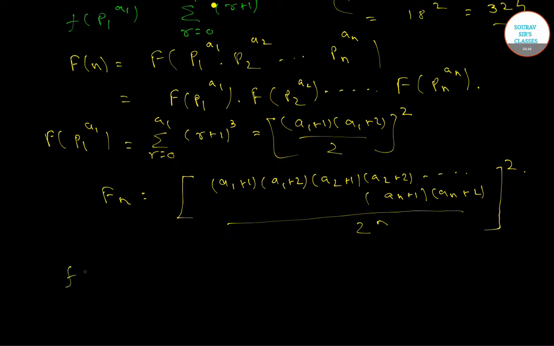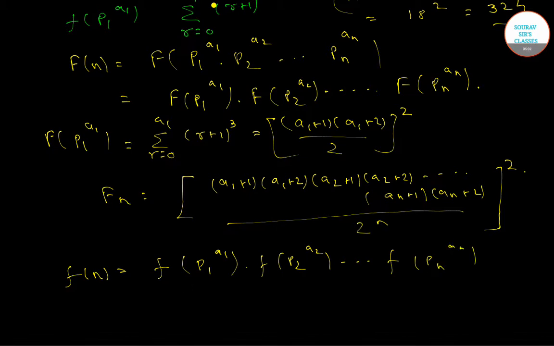Now our g of n is equal to, similarly, g of p1 raised to the power a1 into g of p2 raised to the power a2, so on till g of pn raised to the power an.